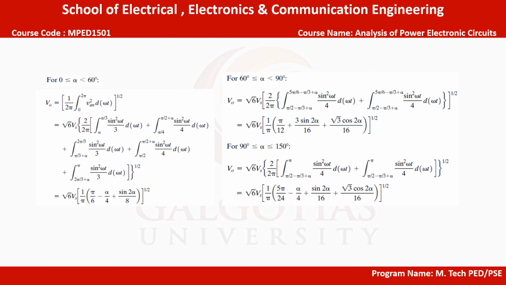For alpha greater than or equal to 90 degrees and less than or equal to 150 degrees, it comes out to be root 6 Vs under root of 1 upon pi in brackets 5 pi upon 24 minus alpha upon 4 plus sine 2 alpha upon 16 plus under root 3 cos 2 alpha upon 16.